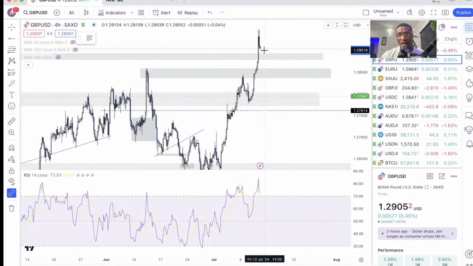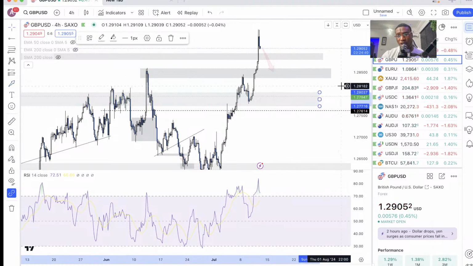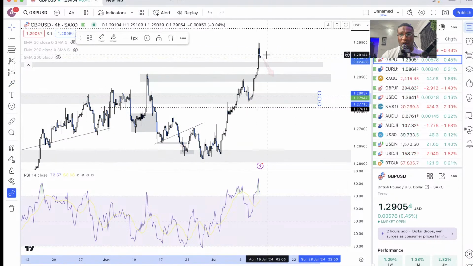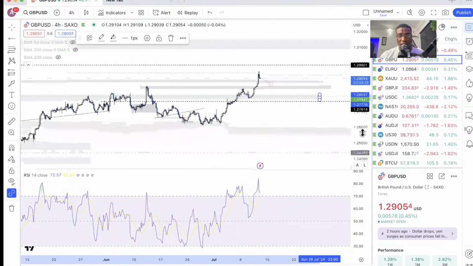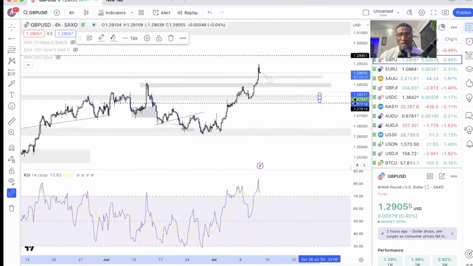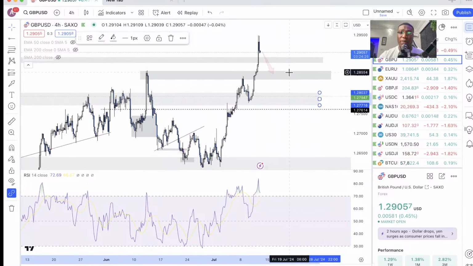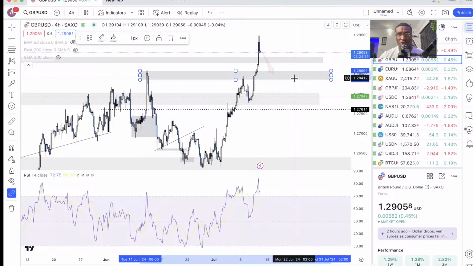So this is not a good time to buy the pound dollar because, first off, we are overbought on the RSI. And if you're familiar with these markets, after an impulsive move, you always get a correction, you always get a pullback. One good place to prepare for a buy would be in these zones. Pay attention to how the market reacts to these zones.